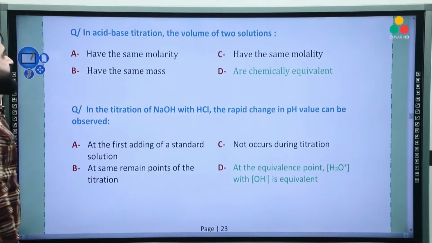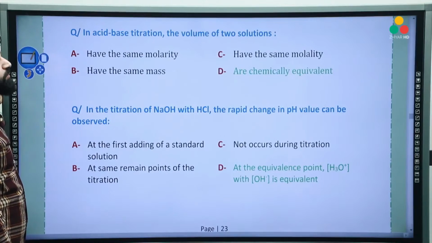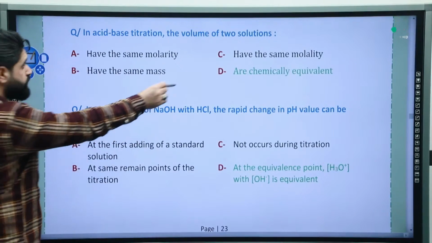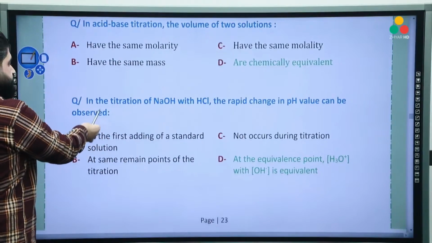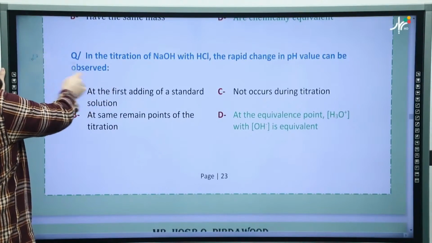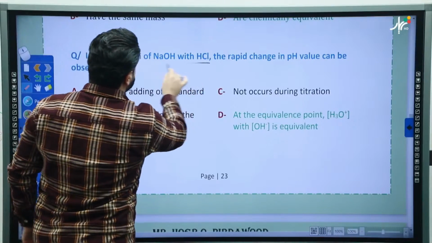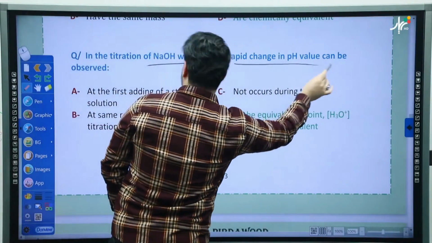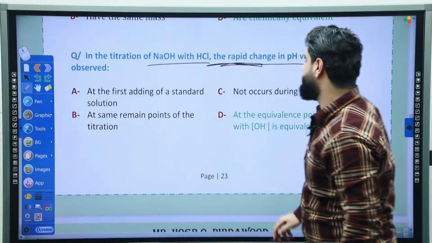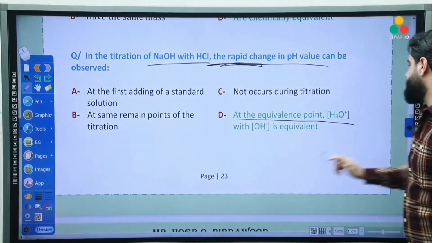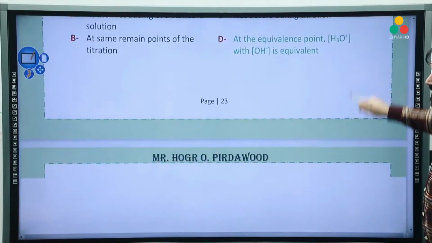In acid-base titration, as I told you, you have to memorize, the volumes of the two solutions are chemically equivalent. In the titration of NaOH and HCl, a rapid change of pH value means equivalence point and end point.